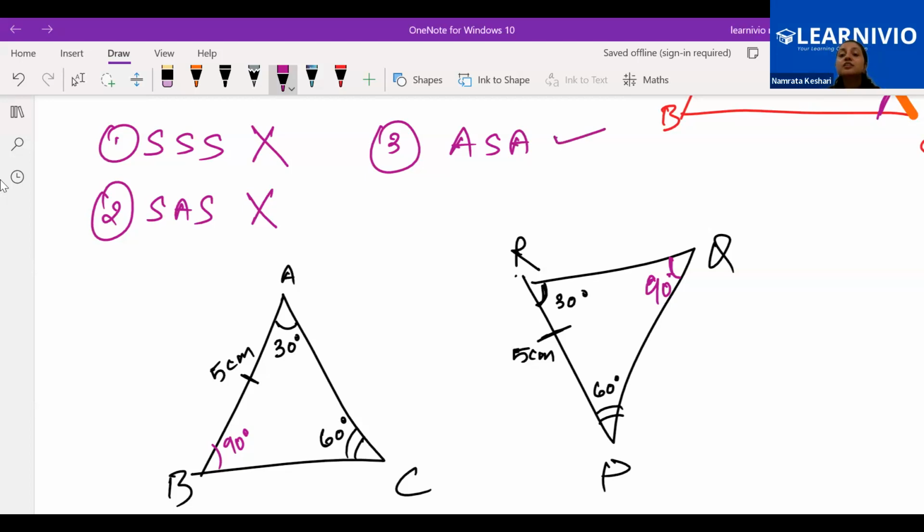We can think about this. It may work, it may not work. Number 4, angle, angle, side. Okay, we can think about this. And number 5 is RHS.